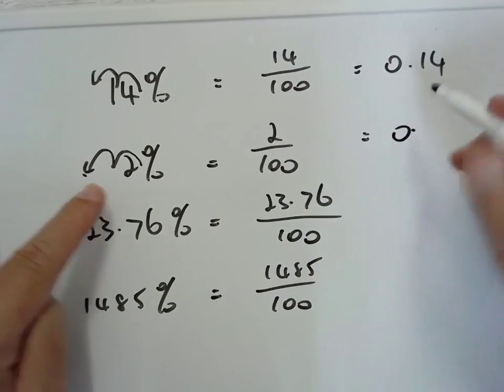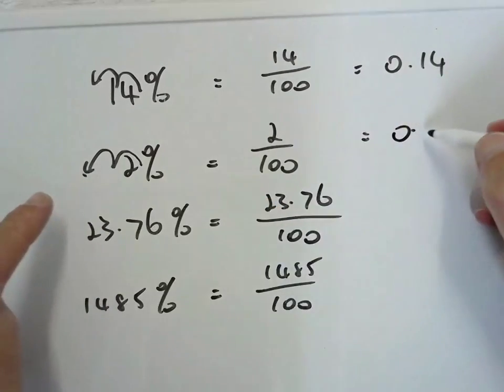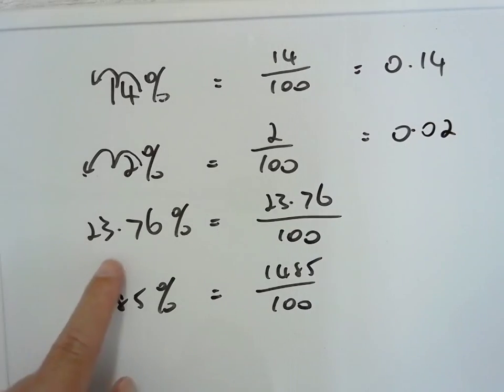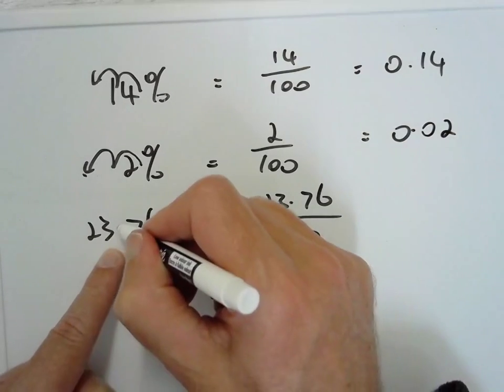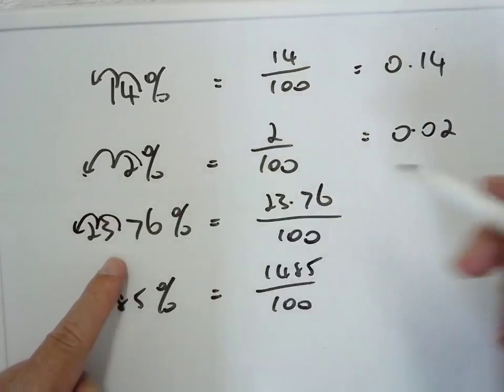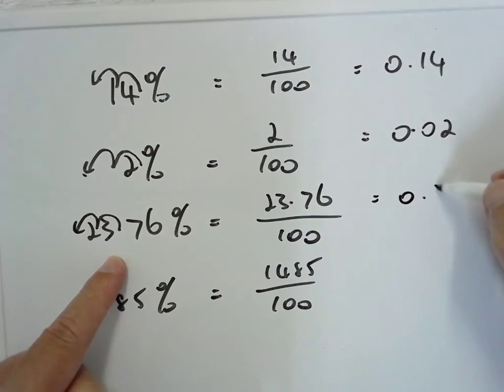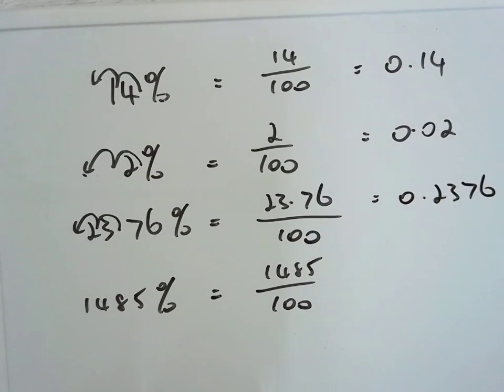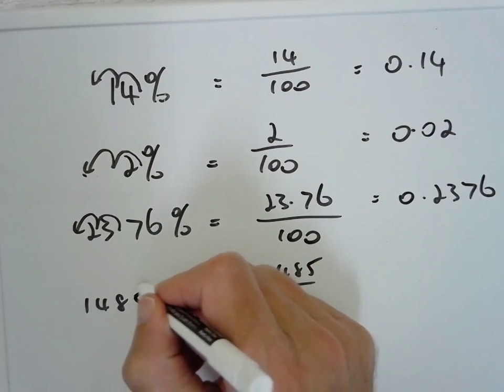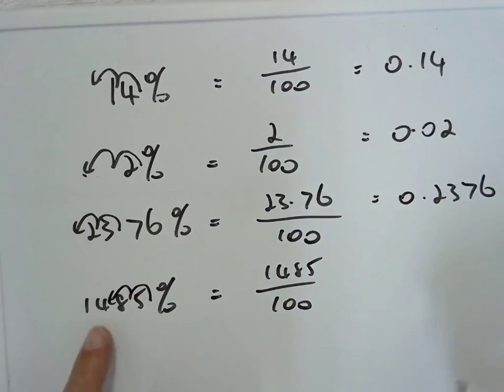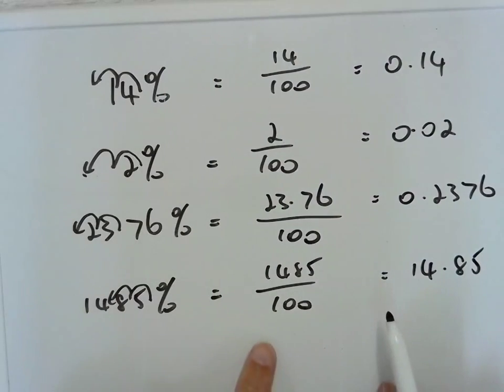So 0, let me fill this gap in with a 0, 0.02. 23.76, this decimal is going to go 1, 2 bunny hops: 0.2376. Last one, 1,485%. Here's a decimal here. We do not change what we do. It goes in there to 14.85. Converting percentages to fractions, nice and easy.